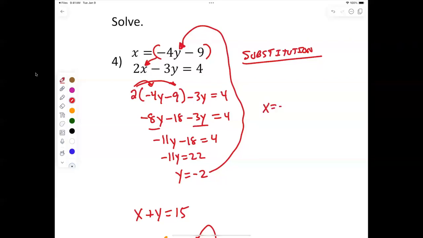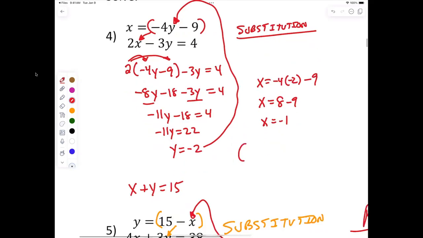So x equals negative 4 times negative 2 minus 9. And what's 8 minus 9? So what's my answer? Negative 1, negative 2. Everybody okay with that? Is everybody okay with negative 1, negative 2?